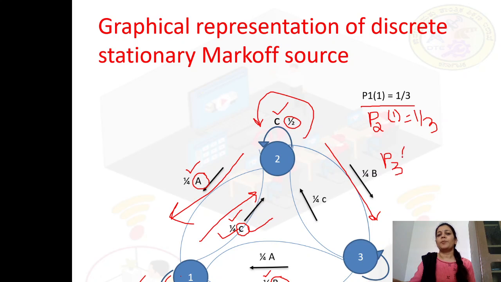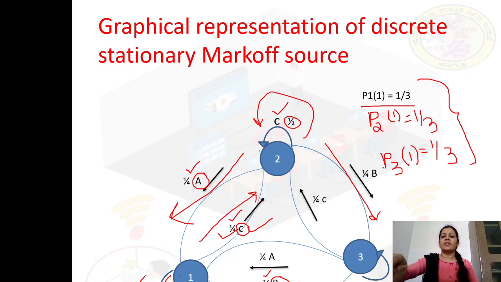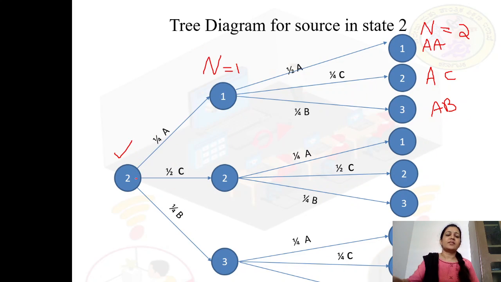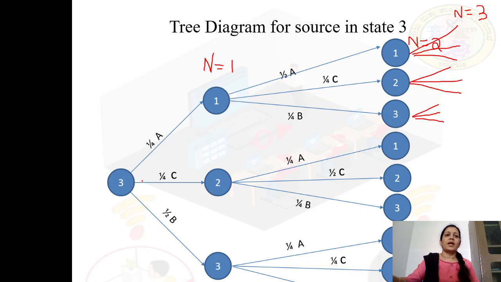That means the probability that during the first symbol interval it is in state 1 is 1 by 3. The probability that during the first symbol interval it is in state 2 is also 1 by 3. The probability that it is in state 3 during the first symbol interval is equal to 1 by 3. There is an equal chance that your source can be in state 1, or in state 2, or in state 3. That is the reason why we have considered the initial state 1 here, in the next slide the initial state as 2, and in the next slide the initial state as 3.